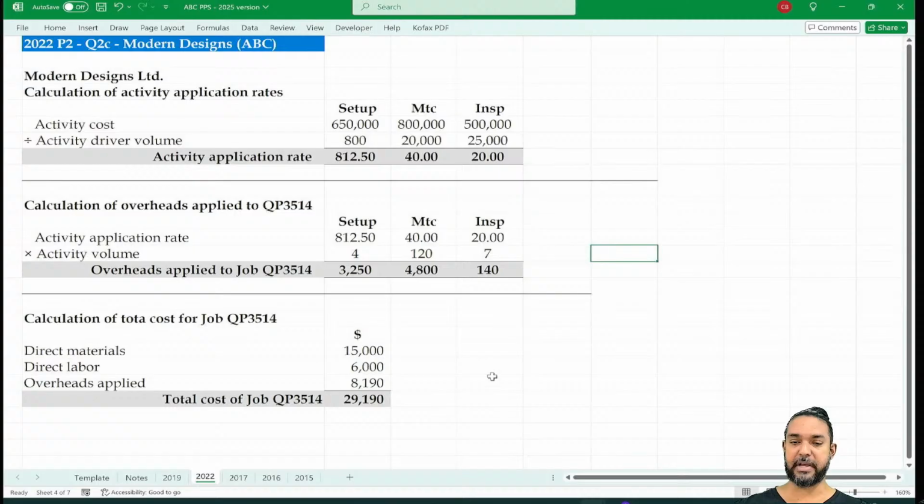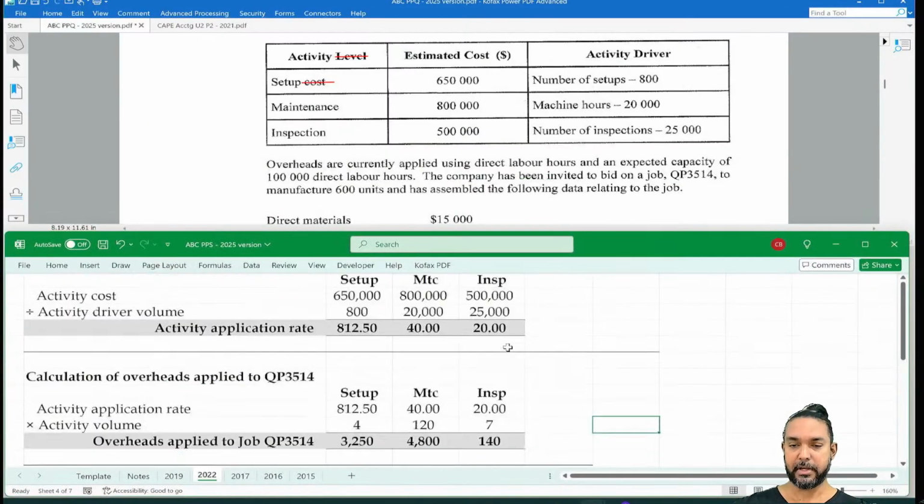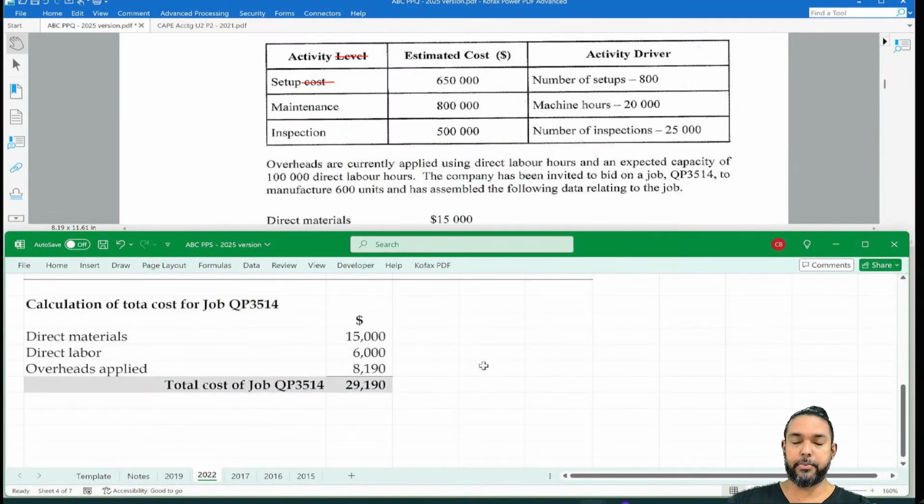So let me show you, for example, what it would have looked like, because that's a good question. So we'll take the 650, 800, and 500,000, divide that by the 100,000. So the rate would have been about $19.5 per direct labor hour.